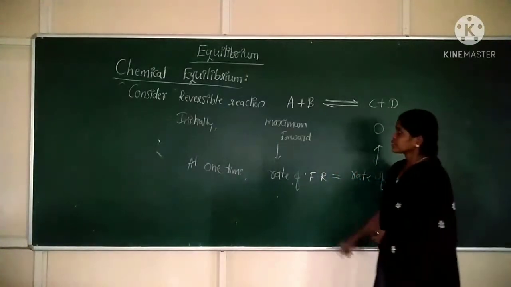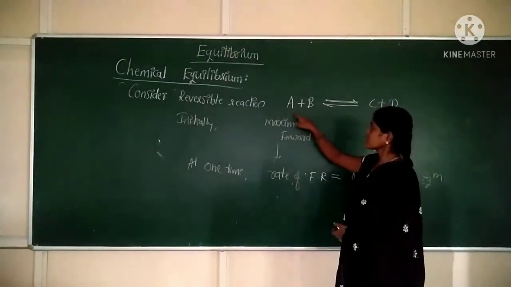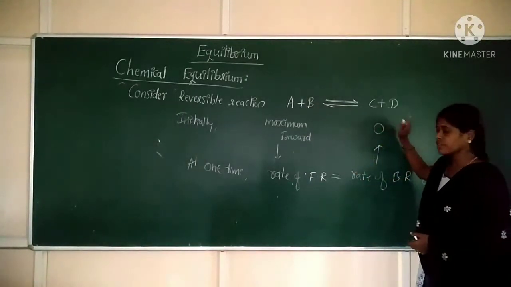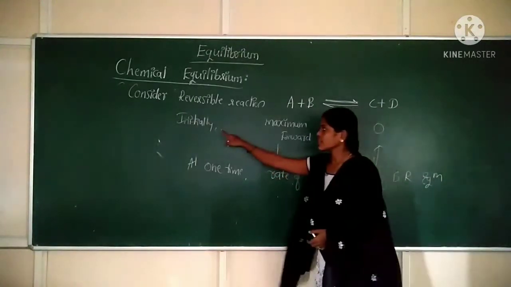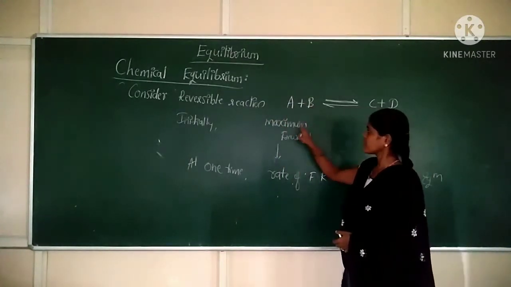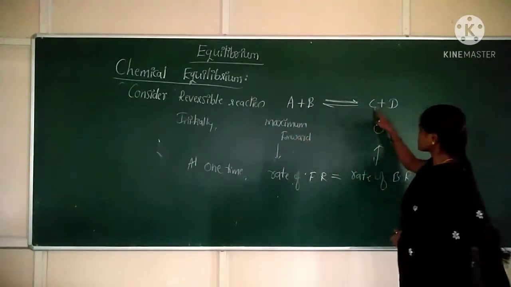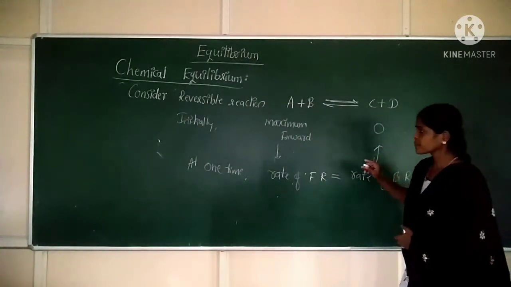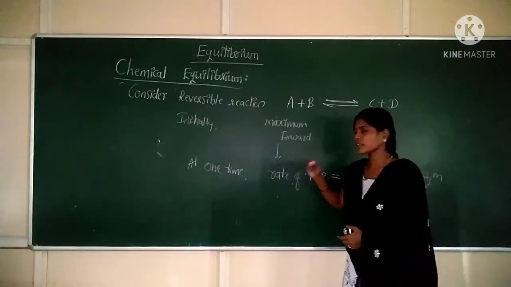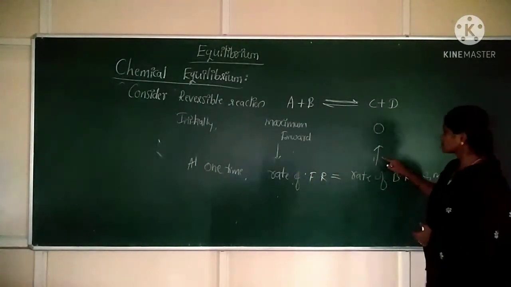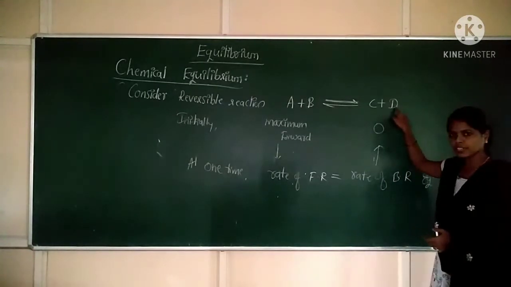I explain it once again. Consider a reversible reaction. A and B are the reactants, C and D are the products for the forward reaction. Now, initially, the concentration of A and B will be maximum, and the concentration of C and D will be 0, or almost negligible. As time passes, the concentration of A and B goes on decreasing, and the concentration of C and D goes on increasing.